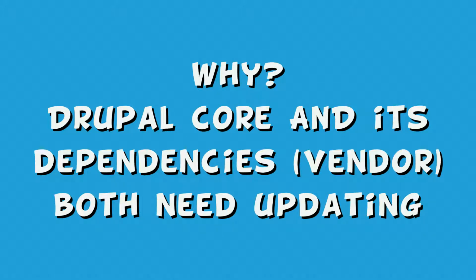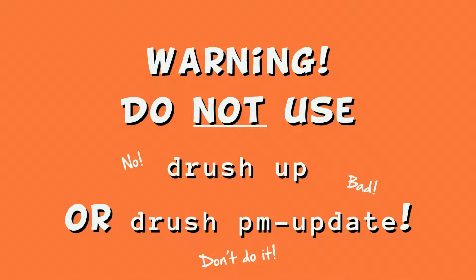And the thing to just keep in mind with that is that both Drupal core and the dependencies, and you may have some modules also that have dependency needs, both need updating. Don't use Drush up. Okay, if you've got a Drush 8 or PM update, don't do it. Like, step away. Don't.